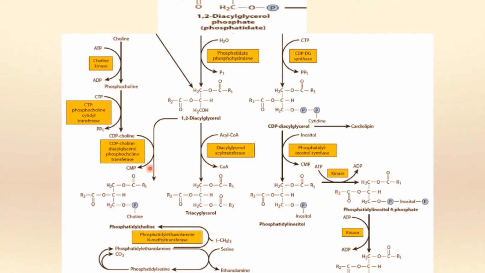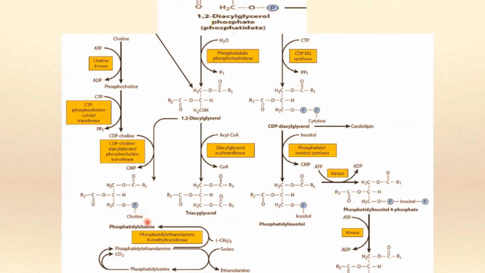Now this CDP-choline becomes the choline group donor for 1,2-diacylglycerol, and in the next transferase reaction we get phosphatidylcholine, 1,2-diacylglycerol phosphocholine, that is lecithin.